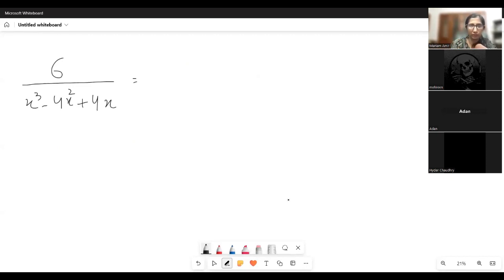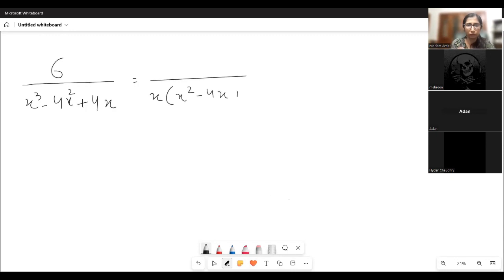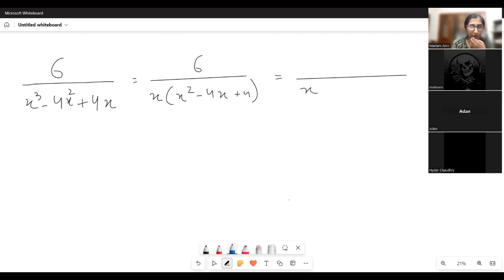So let's do that. We can take x common, and we get x squared minus 4x plus 4. Numerator is still 6. And this can be written as x. Let's do middle term breaking of this: x squared minus 2x minus 2x plus 4.